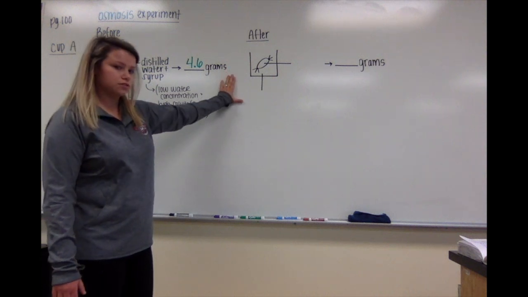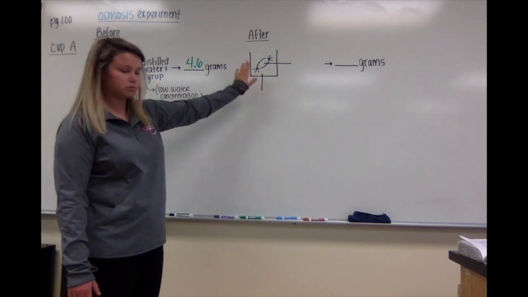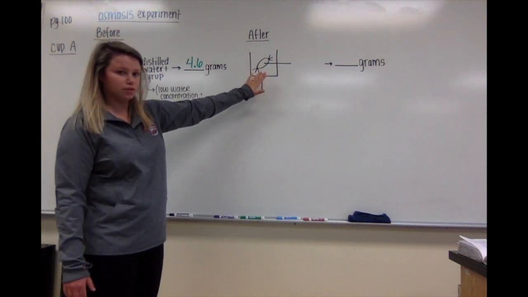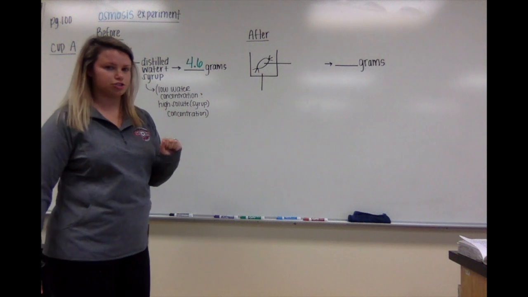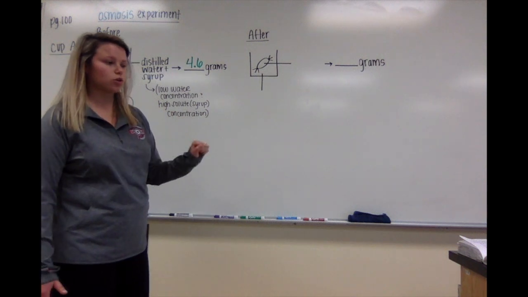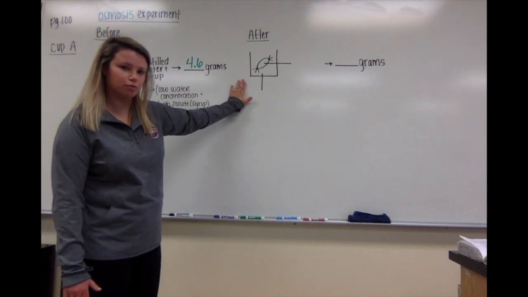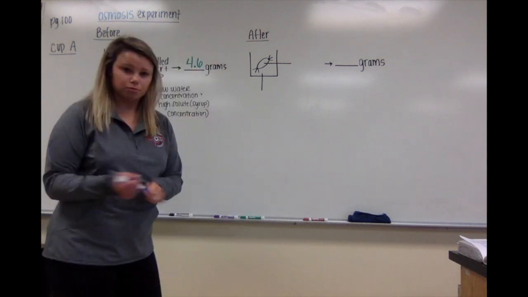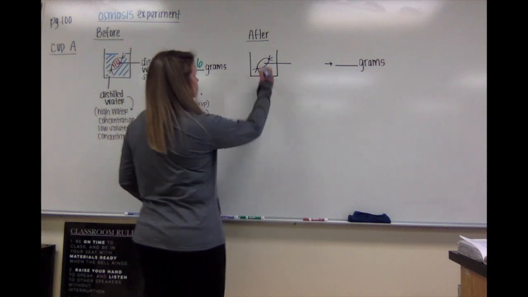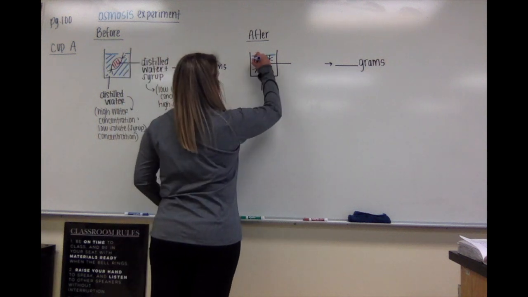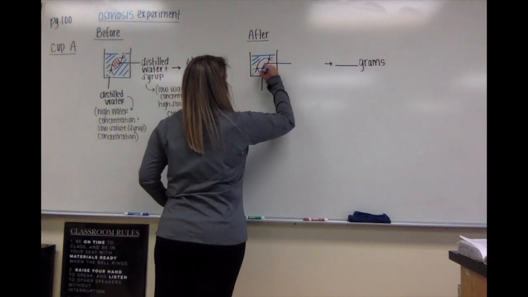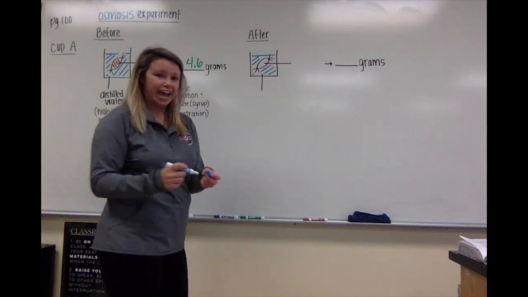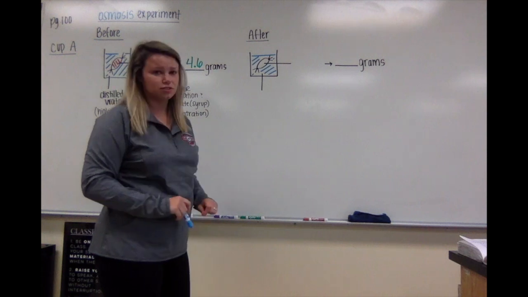If you noticed, the syrup stayed in the bag, none moved into the water in the cup, but something changed. So we're going to make sure that we go through and relabel our picture first. There's still water in the cup, so we're going to redraw water in the cup. And there is still syrup in our dialysis tubing bag.